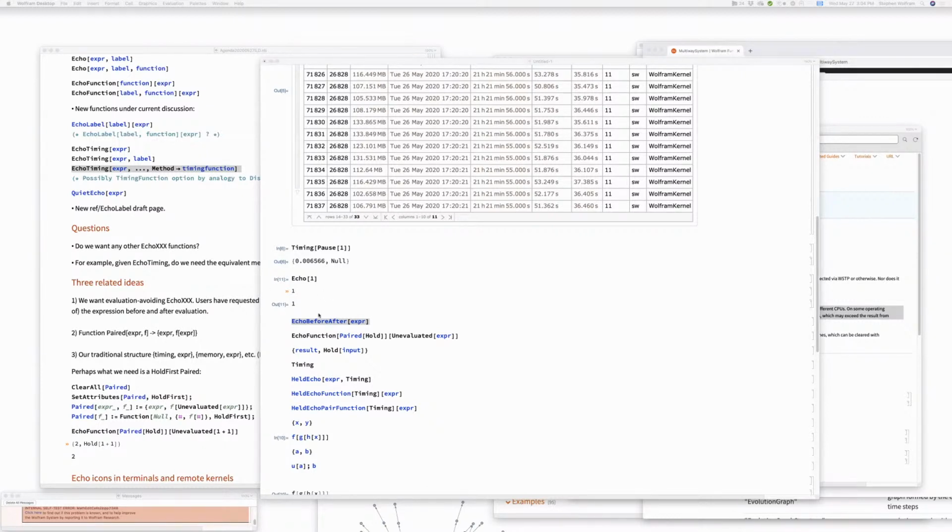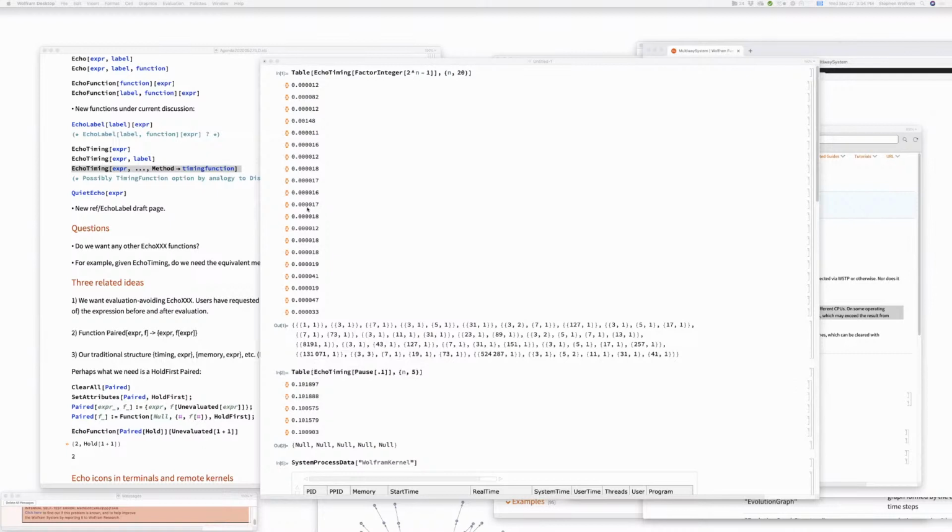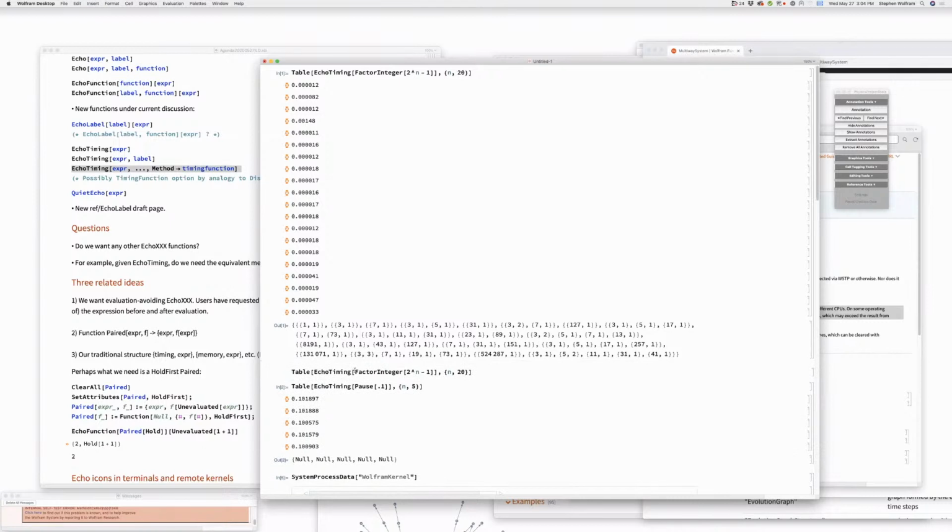Okay, but let's come back to echo timing for a second, what we're doing there. It's very obscure that echo timing just says times here. If I were to do this thing here, can I put a label in there?